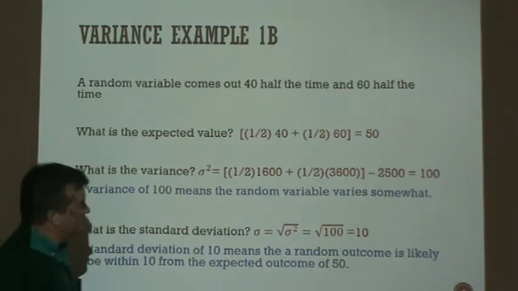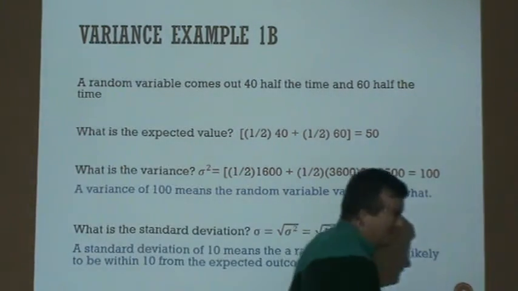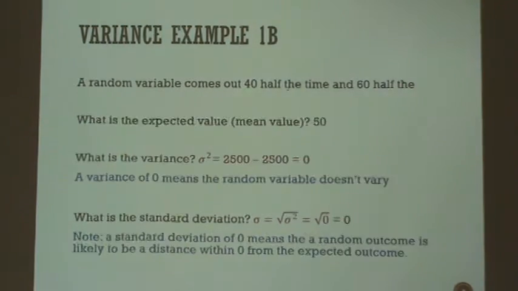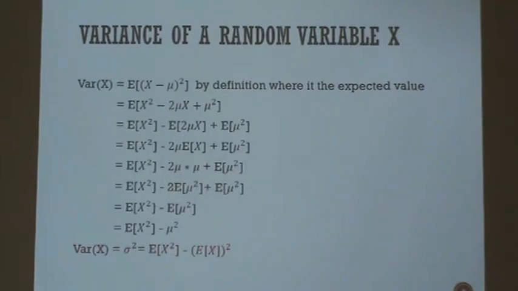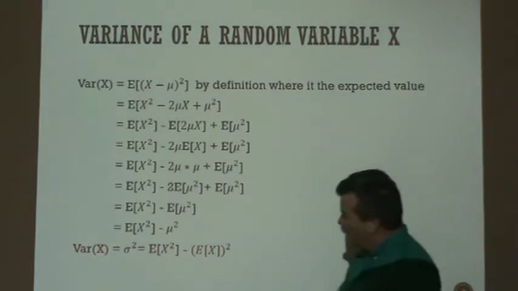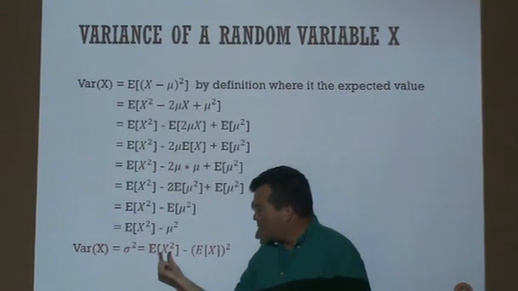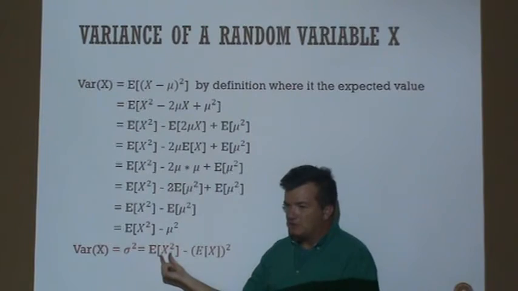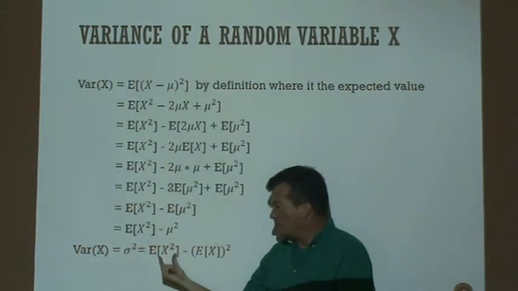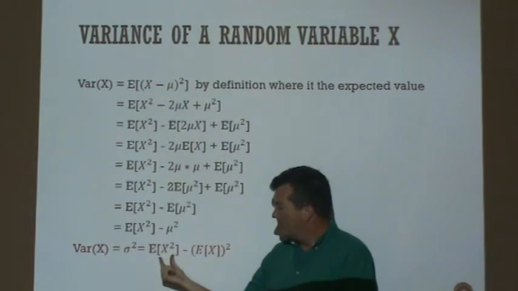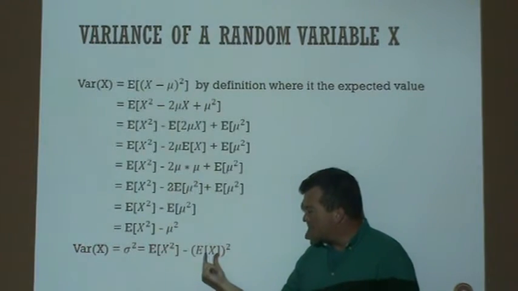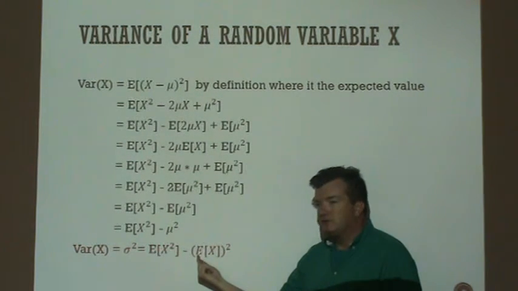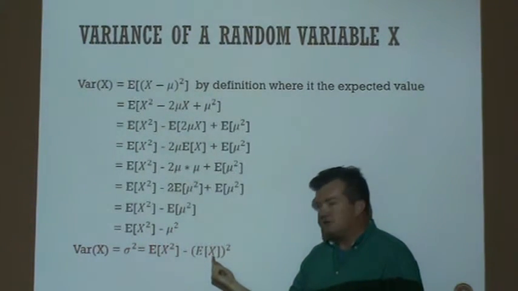In this case, what is the expected value of x squared? We would take 40 squared and 60 squared and take an average of them, and then subtract from that the expected value squared, which is 50 squared.